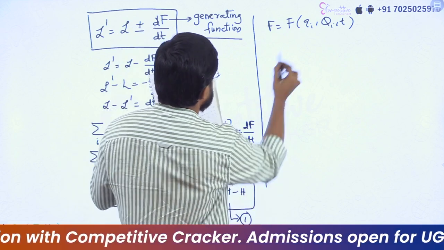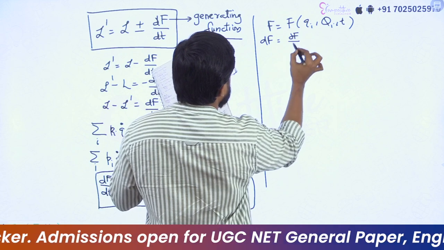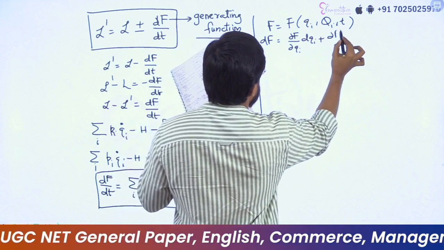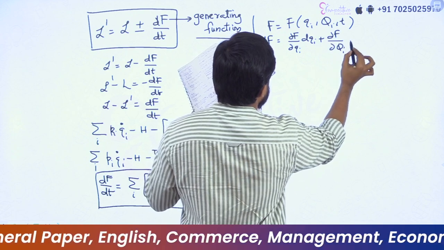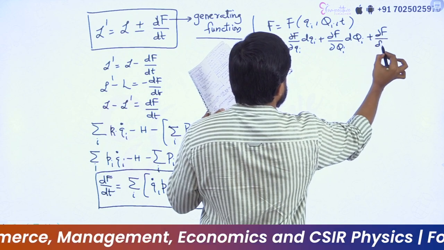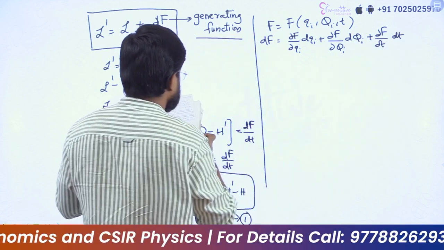You may have heard of them. So let this be my generating function. From this, what is dF? dF is equal to ∂F/∂qi into dqi plus ∂F/∂Qi into dQi plus ∂F/∂t into dt.